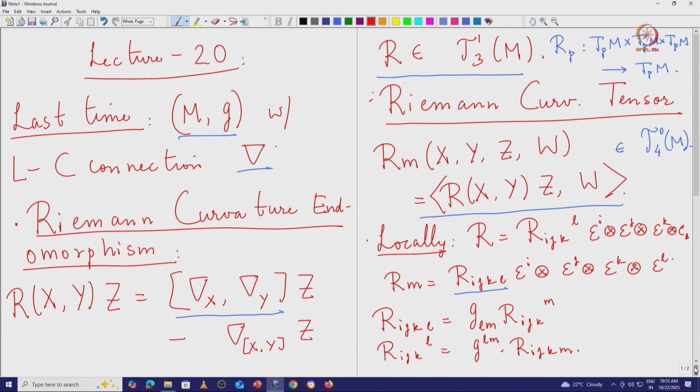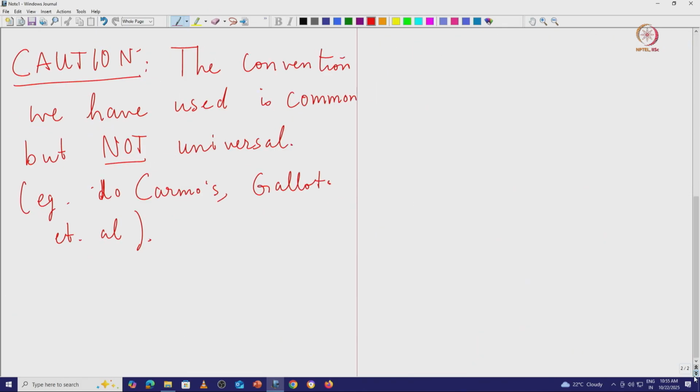That means the curvature endomorphism in those textbooks is off by a sign: it is the negative of our curvature tensor. Similarly, some textbooks have a different convention for the (0,4) curvature tensor. So whenever you are reading a new textbook on Riemannian geometry, you should always look carefully at what their convention is.